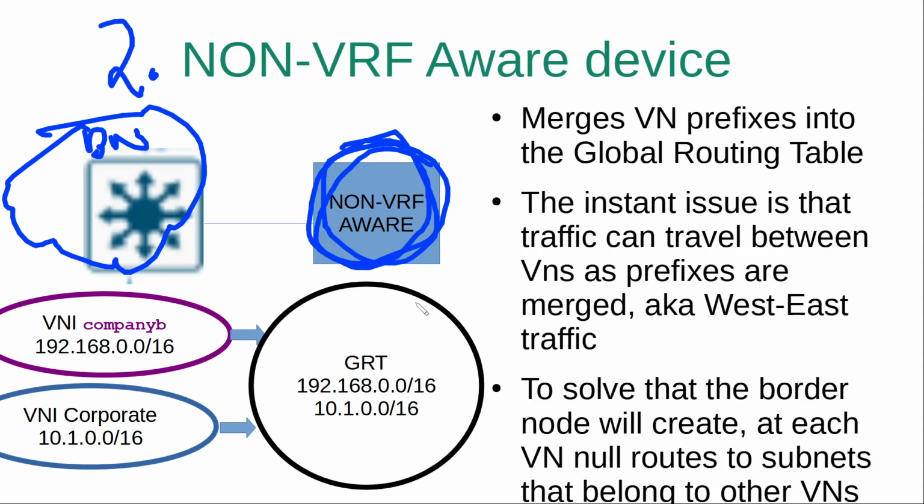When that happens, we're going to just create our BGP peerings, and we are going to receive the prefixes coming from the different VNIs, and we are going to make them land directly into the global routing table.